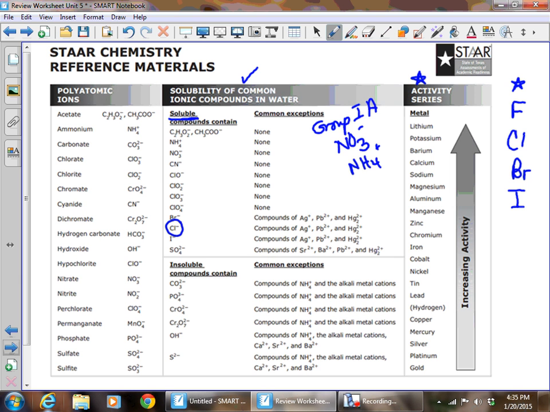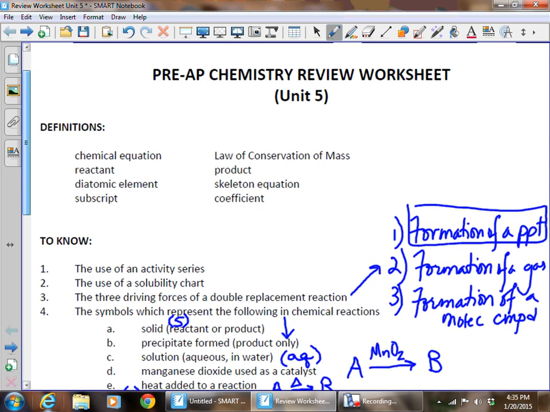Okay, bromine's not going to try to bump out aluminum because aluminum's over here in this list and bromine's over here on this list. They're not even in the same list. But it can try to bump out chlorine. Can it bump out chlorine? No, it cannot. It can't bump out chlorine because it's lower than chlorine on the list. Chlorine is stronger. So bromine won't be able to bump it out. What does that mean?